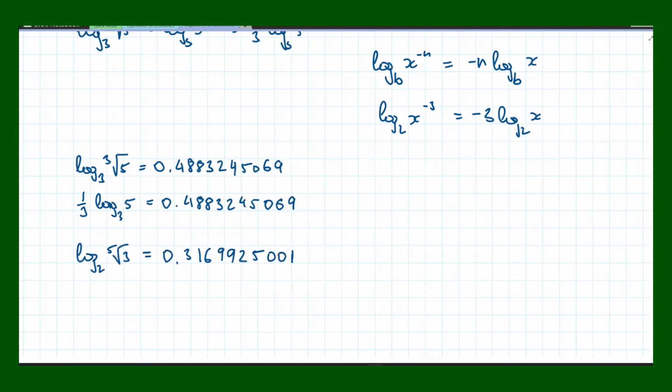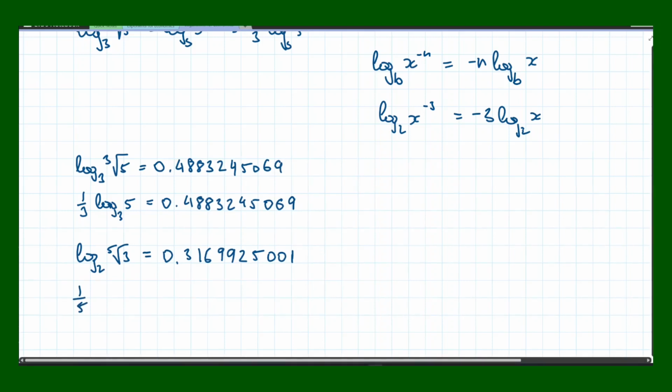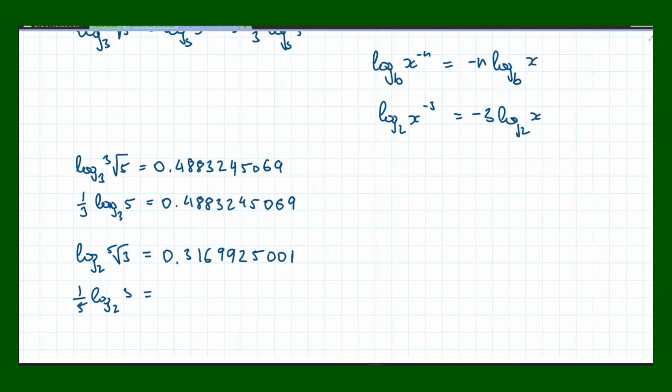And if I use the calculator again and calculate 1/5 of log base 2 of 3, the calculator will give me the number 0.3169925001. Again, this is hopeful because they are the same to 15 digits, but I mustn't forget that this is just an estimation. I don't know the 16th digit because my calculator is not detailed enough.